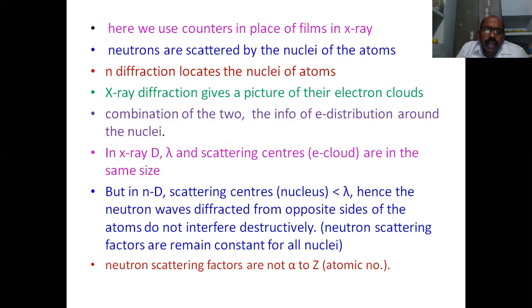Hence they are not proportional to the atomic number. In X-ray diffraction, the atomic scattering factor F was proportional to Z, with F less than Z, and in the exceptional case F equal to Z. But here it is independent of Z.